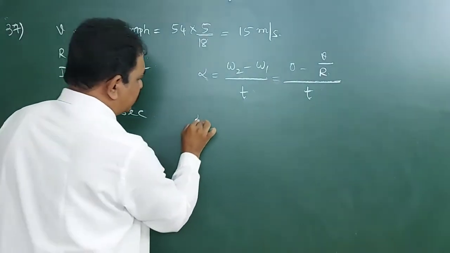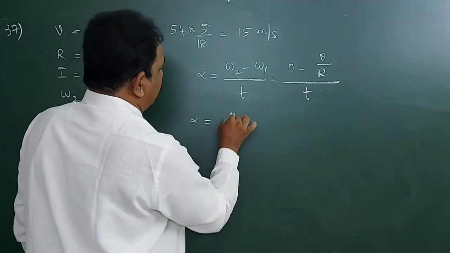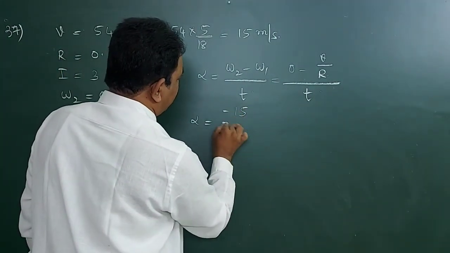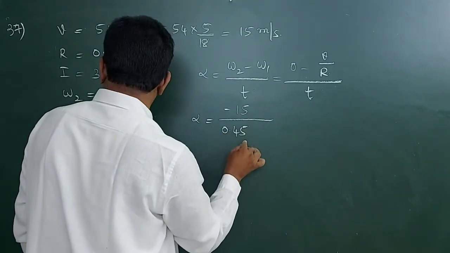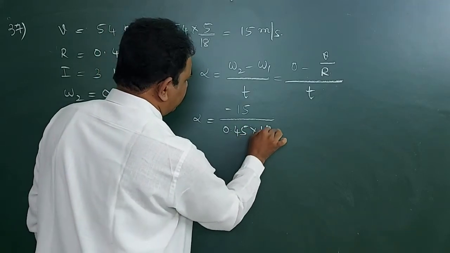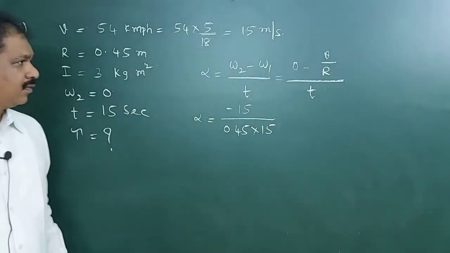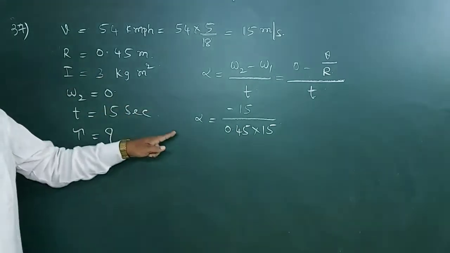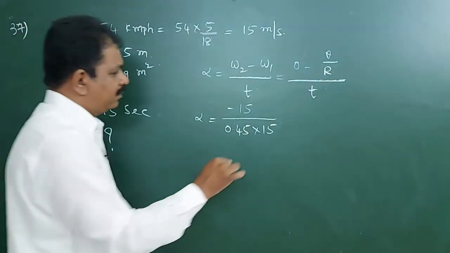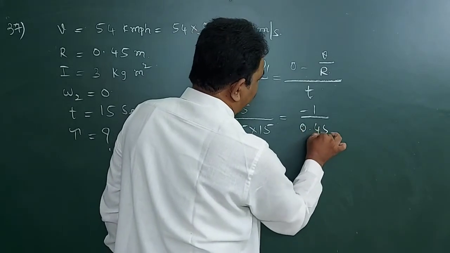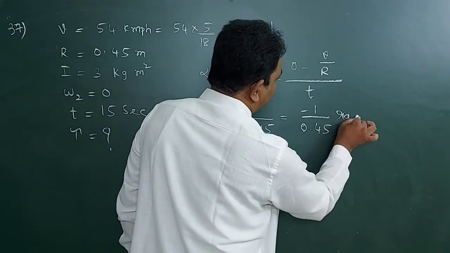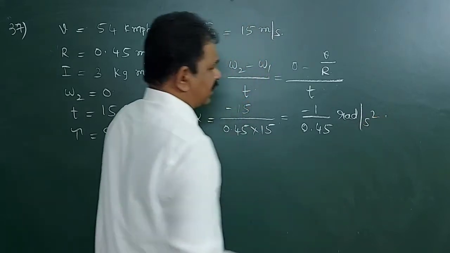V value will be 15, R value 0.45, time value will be 15. So it becomes minus 1 by 0.45 radian per second square.